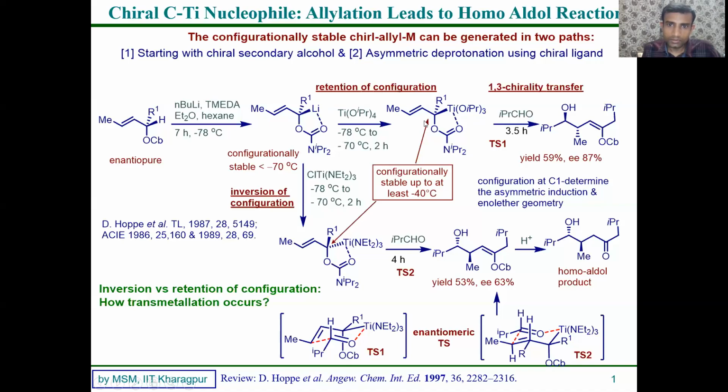Once you have this, it is a beautiful chiral allyl titanium compound, and this will react nicely with the aldehyde via transition state 1, which I will discuss later, to give us this anti-allylation product. We get this product with 87% ee and 59% yield.